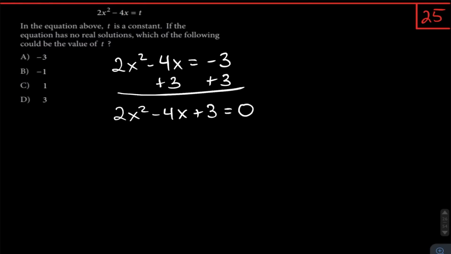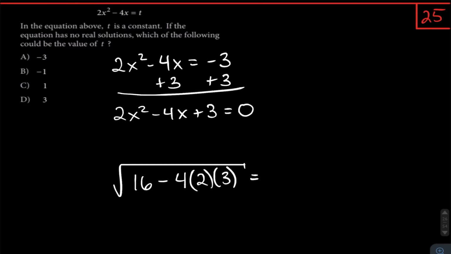And then we use the discriminant, right? If we get a negative under the square root, we know that we're not getting any real solutions. B squared is 16, right? That's the -4 squared. Minus 4 times A times C, right? AC.